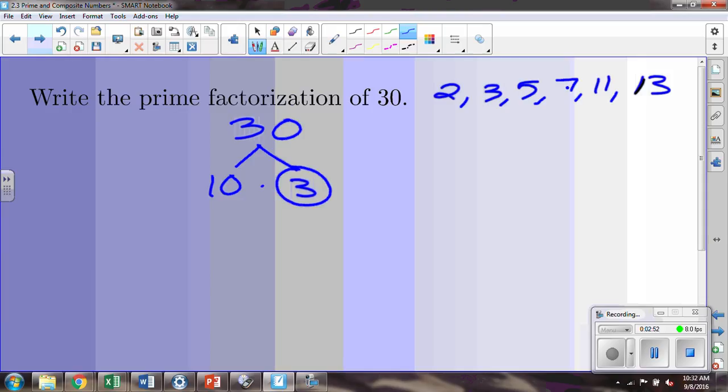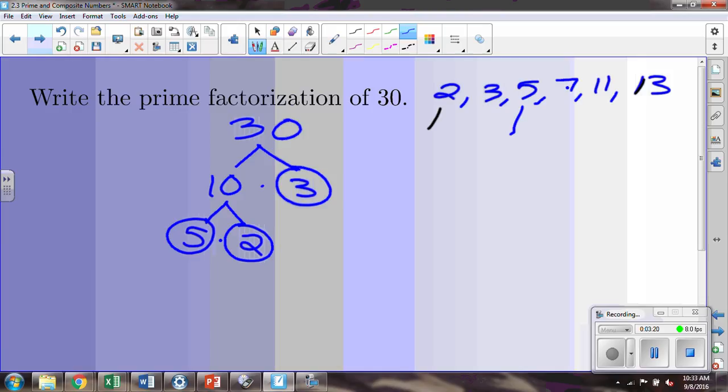We can't split that up anymore, so that one stops. 10 is not a prime number. You can split up 10 again. 5 multiplied by 2. And then we'll notice 5 is on our list of prime numbers. 2 is on our list of prime numbers. Anything that's on our list of primes can't be split up, and so we stop.